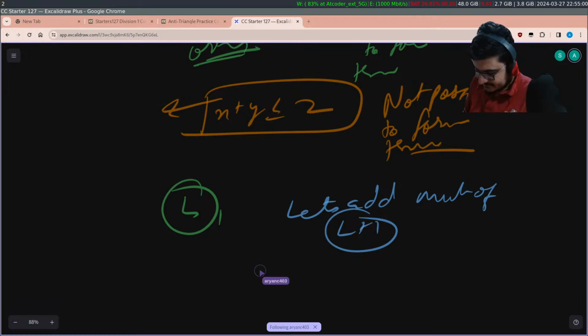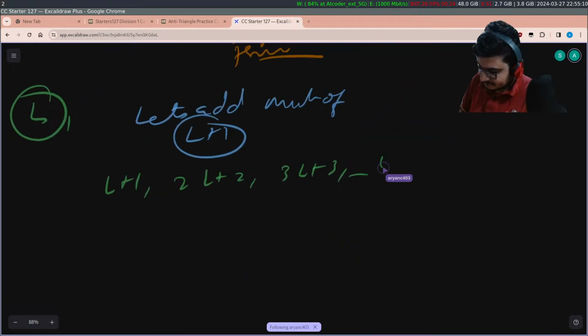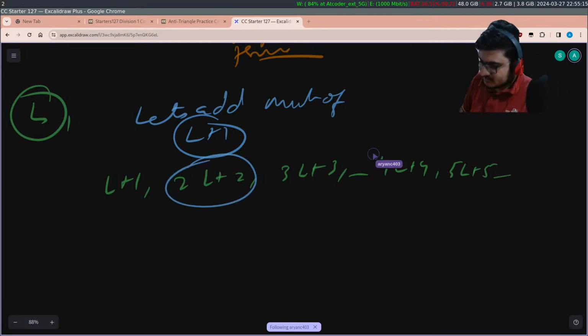So the numbers would be L plus 1, 2L plus 2, 3L plus 3, and so on. And if you pick any two numbers from here, your chosen numbers would be the largest one.